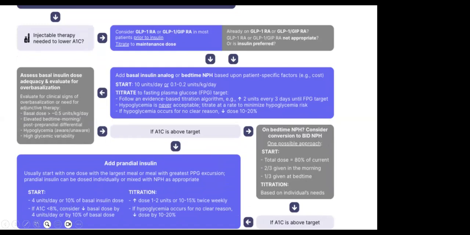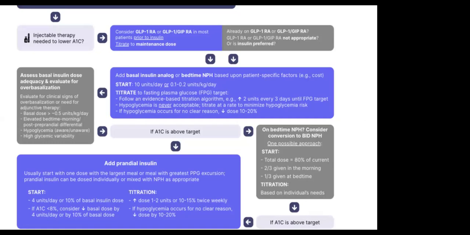So it's unlike type 1 where you're having both basal insulin and then prandial insulin, postprandial insulin or preprandial insulin, depending. So here we normally want to start on basal insulin before we can move on.